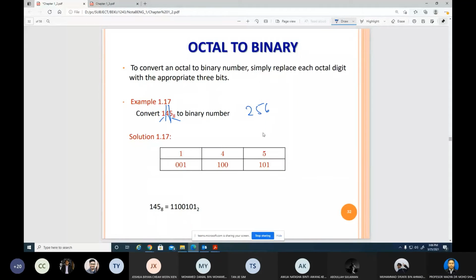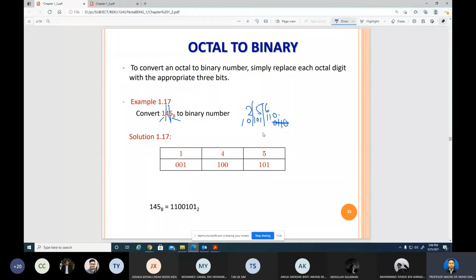You want to convert into binary, so you can do it like this. 6 is 110, and 5 is 101, and 2 is 010. Sorry, let me correct this: 6 is 110, 5 is 101, and 2 is 010. So the answer is 10101110.